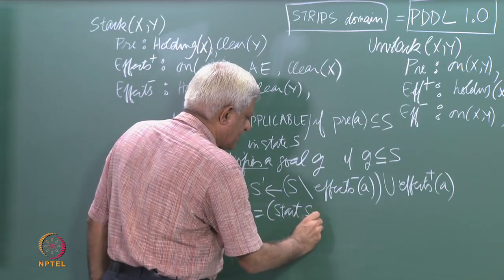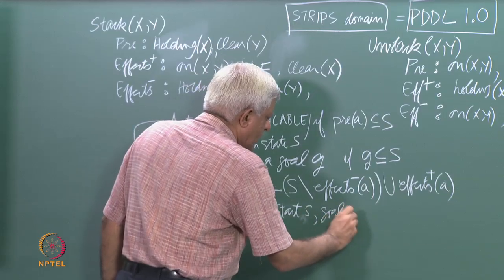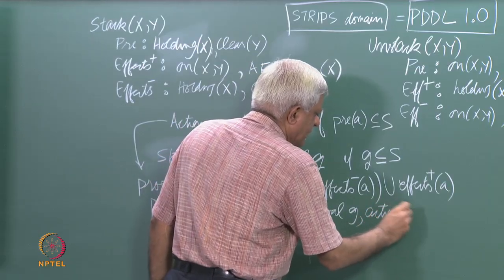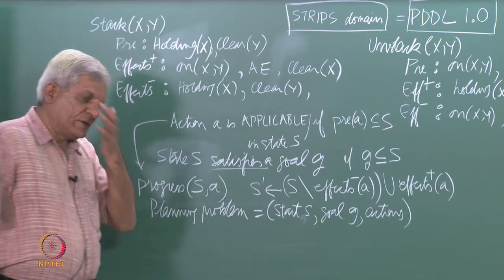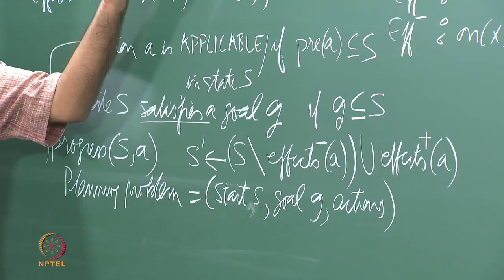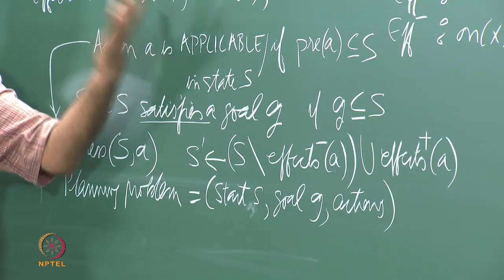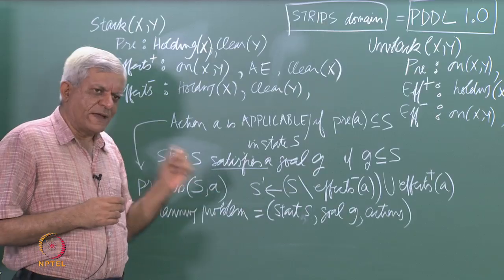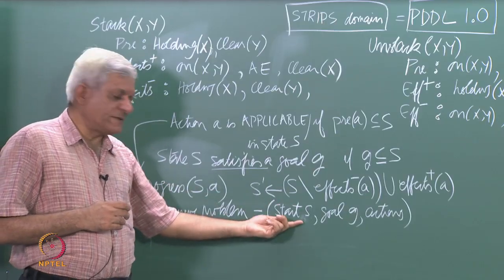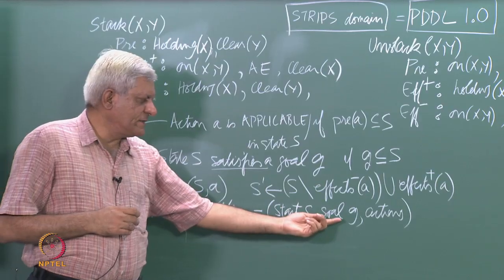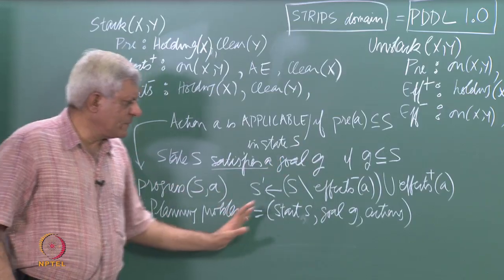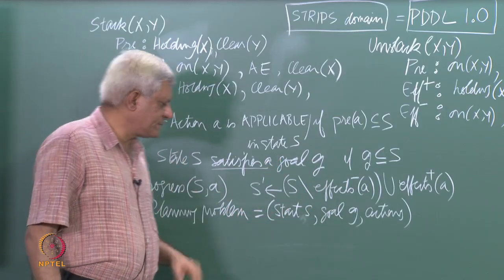So, start S let us call it, goal G, and a set of actions essentially. Obviously, we have defined the domain using a language, and we have defined a set of actions that are possible in the domain, and a specific problem is when you have defined the start state S, a goal set G and the set of actions that are available to you, which can be used to go from start to goal essentially.